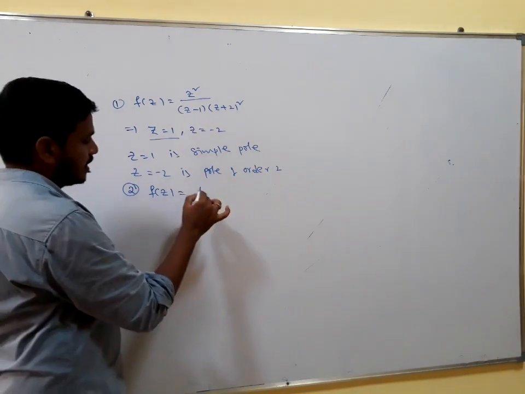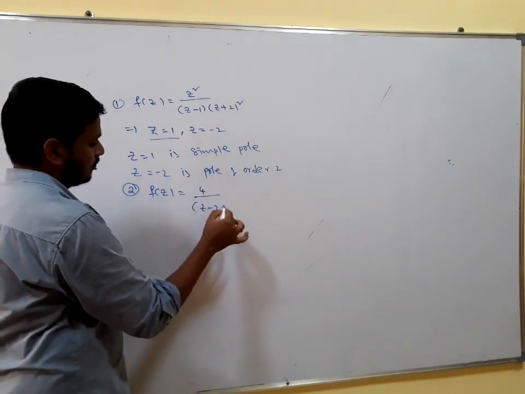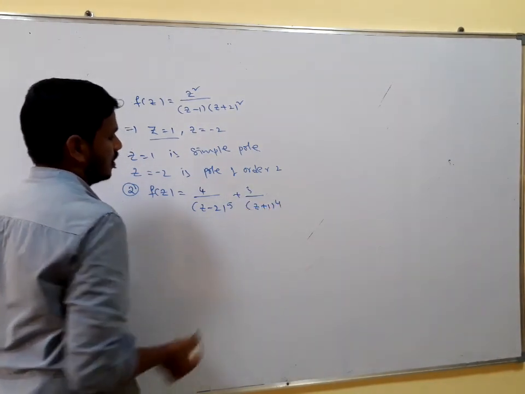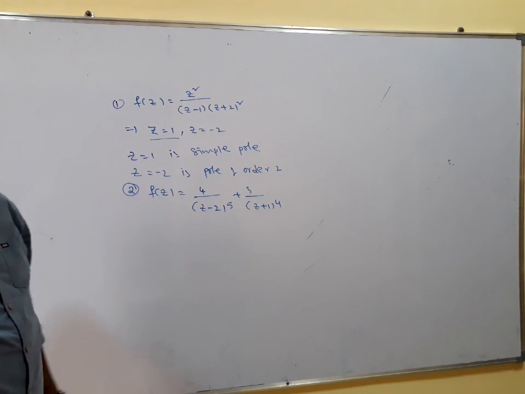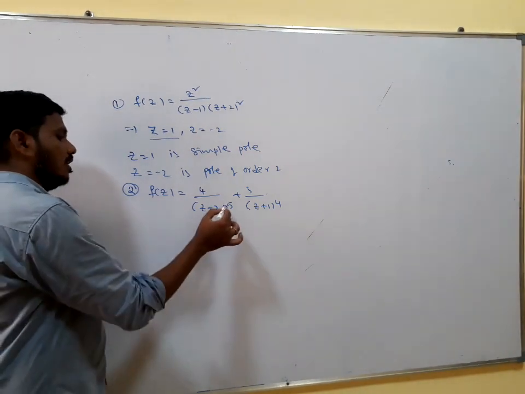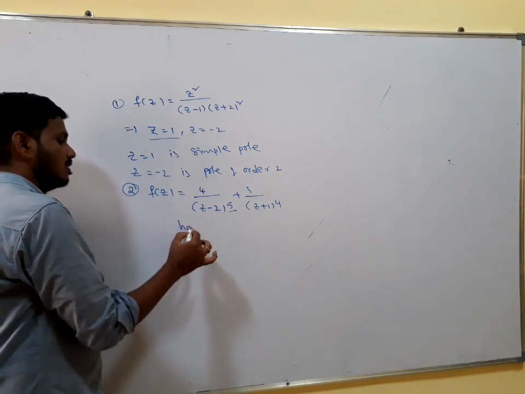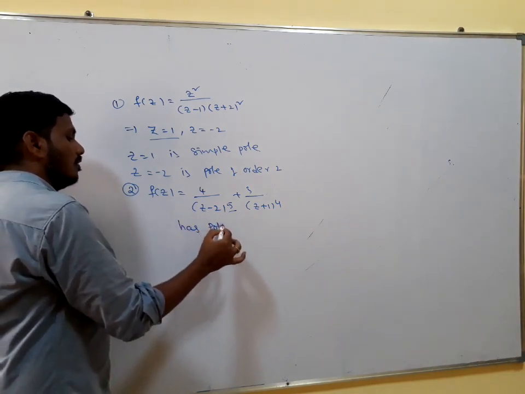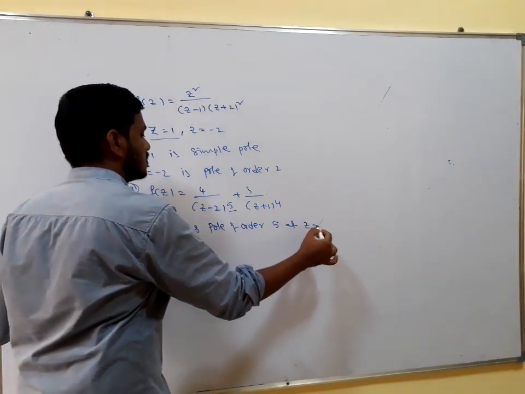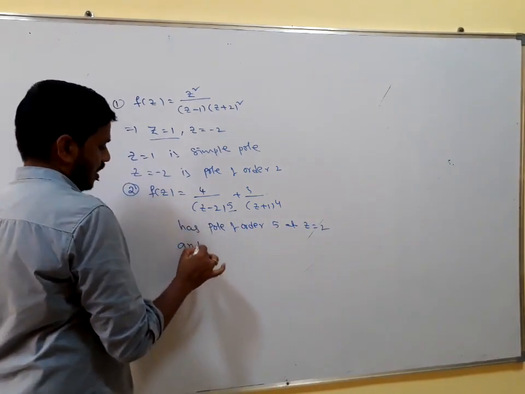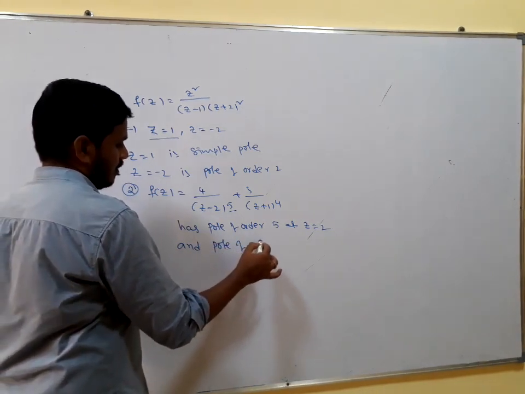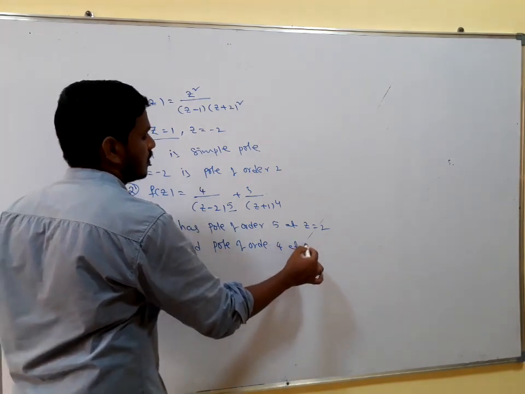Next, f of z is equal to 4 divided by (z minus 2) whole to the power of 5 plus 3 divided by (z plus 1) whole to the power of 4. Then what do you say? It has a pole of order 5 at z is equal to 2 and a pole of order 4 at z is equal to minus 1.